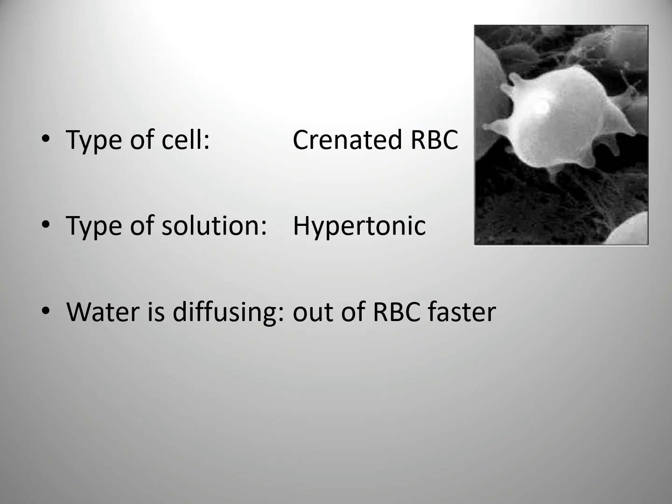So all of the water will leave that red blood cell, and that will cause the red blood cell to begin to shrivel or be crenated, right? Water will diffuse out. And if that red blood cell is not fixed, if the water doesn't go back into it, it will eventually die.